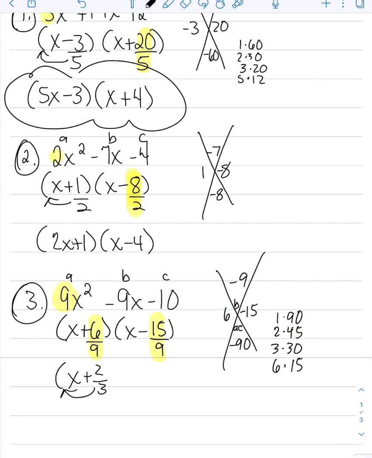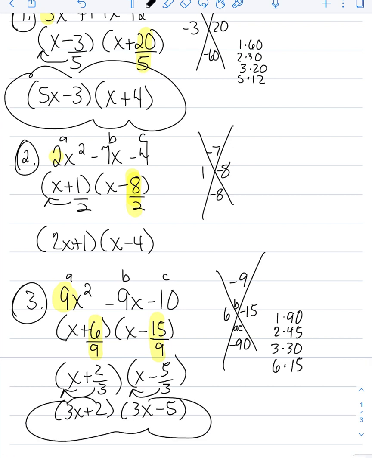Now I can slide that over to get 3x plus 2. Take a look at 15/9. That reduces to 5/3. Now we slide that 3 over to get 3x minus 5 as our second factor. So make sure that you reduce the fraction before you slide.